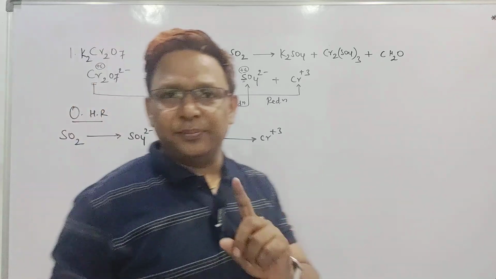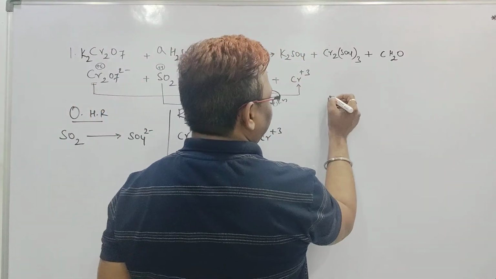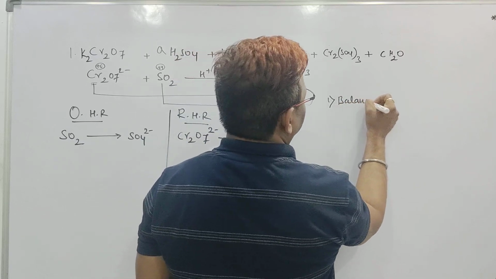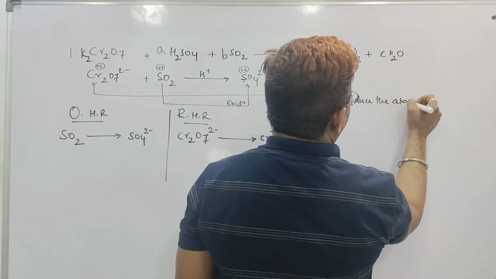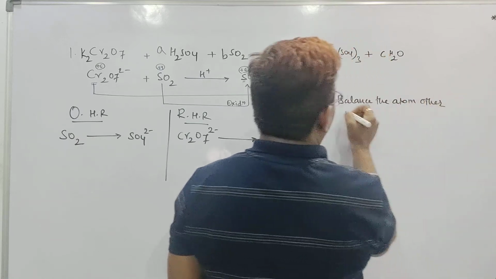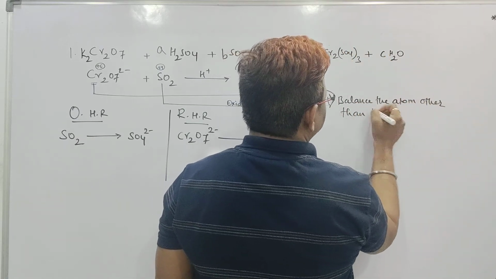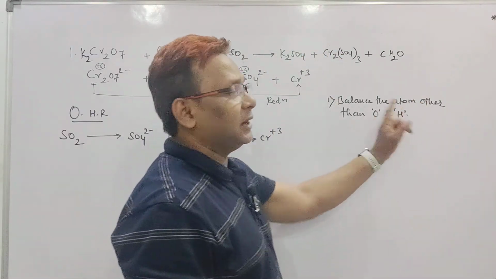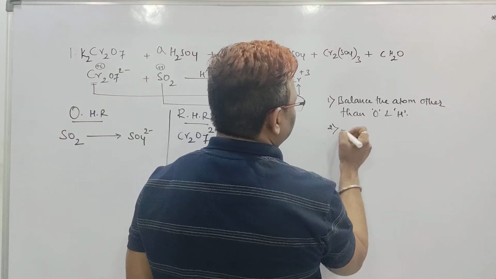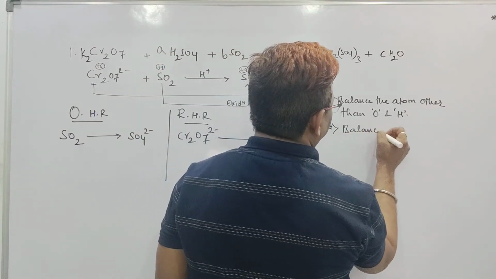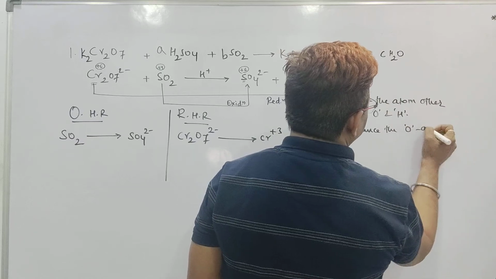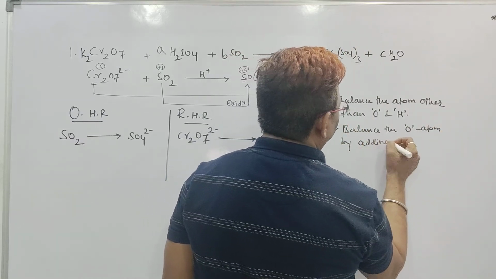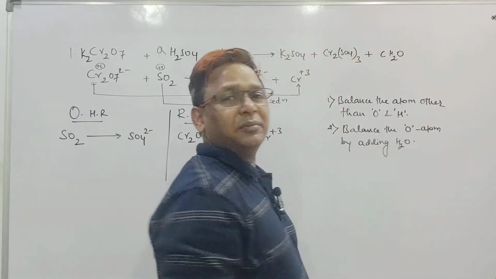But remember, first step, step number 1: balance the atoms other than oxygen and hydrogen. The remaining atoms other than oxygen and hydrogen we have to balance. Second one, balance the oxygen atoms. Yes, beta, balance the oxygen atoms. How?